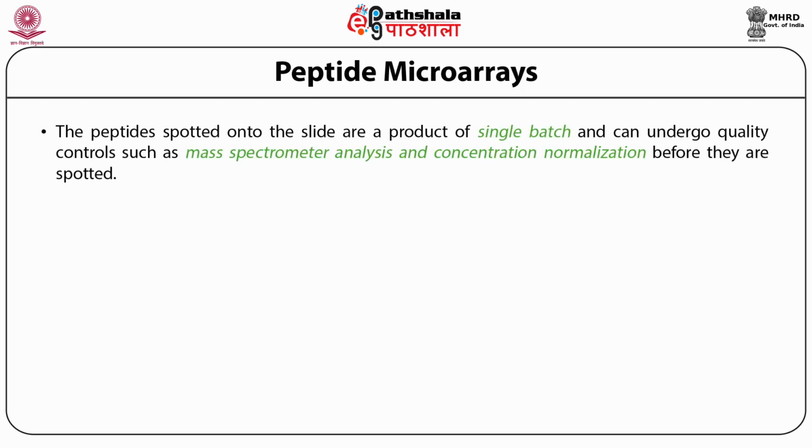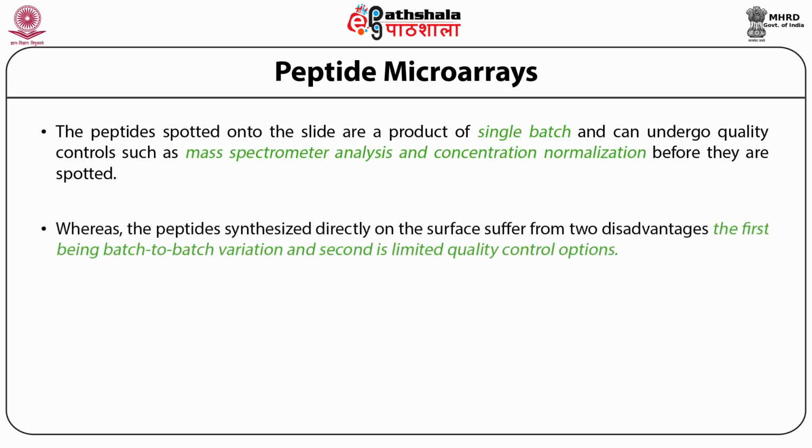The peptides spotted onto the slide are a product of single batch and can undergo quality control such as mass spectrometer analysis and concentration normalization before they are spotted. Whereas the peptides synthesized directly on the surface suffer from two disadvantages.